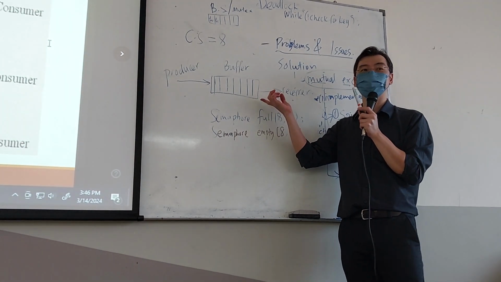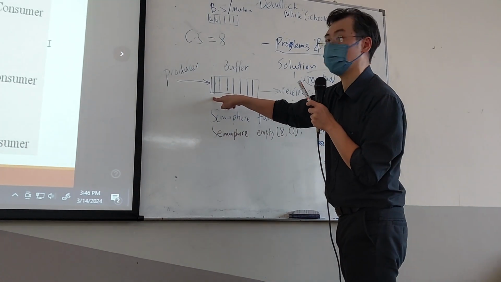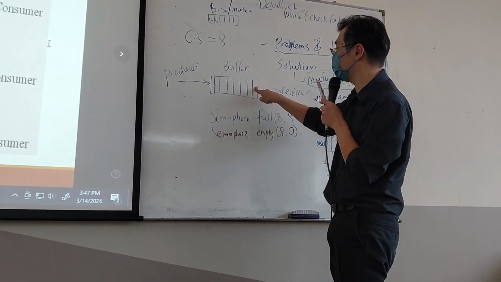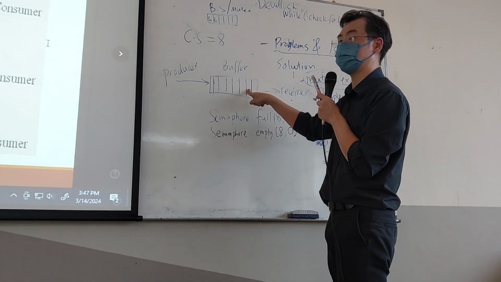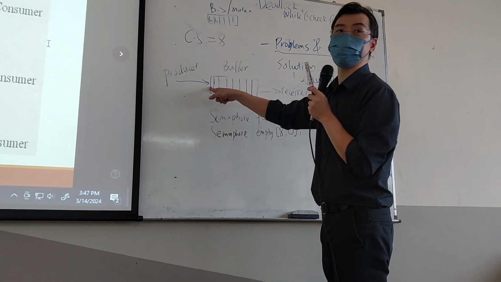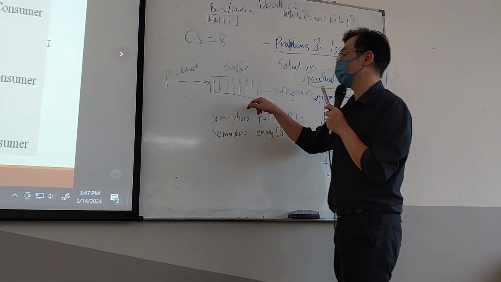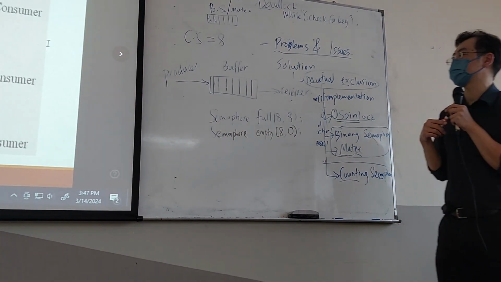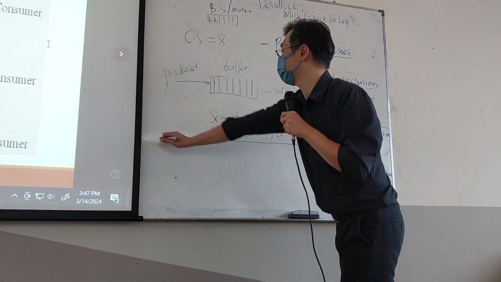You want that, right? But for the producer, you have to start with 8 because you got 8 empty slots. If you perform a down, it will be 7 because you use up 1, right? So you fill up 1, 7 left. And you still can fill in because you got 7 left. Until it becomes 0, then it's full. So full here is used by the producer to do that kind of synchronization. So we start with that. Now let's see how we write the program.